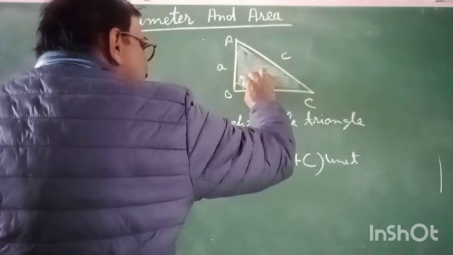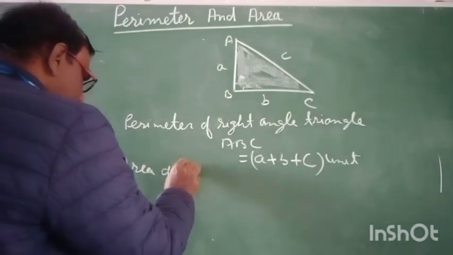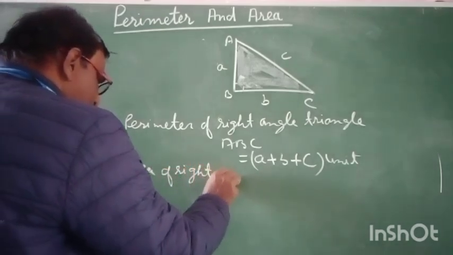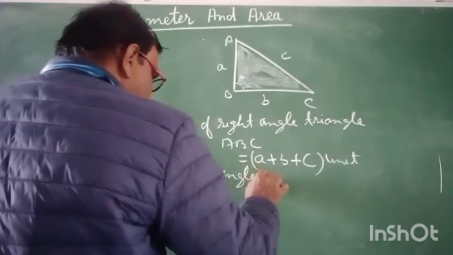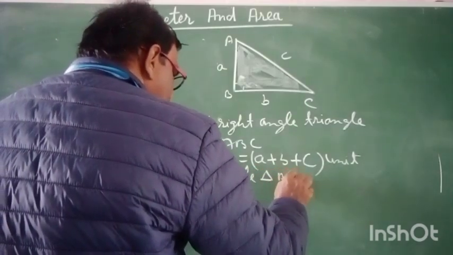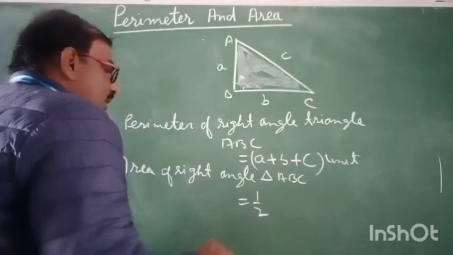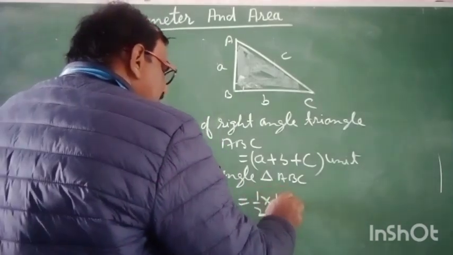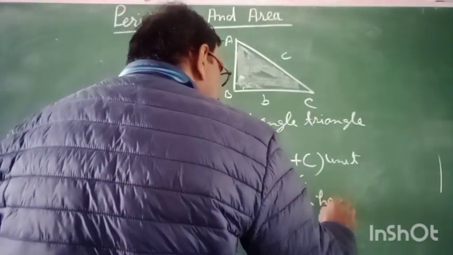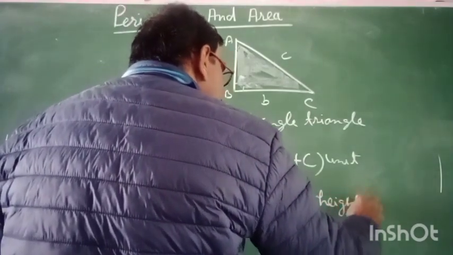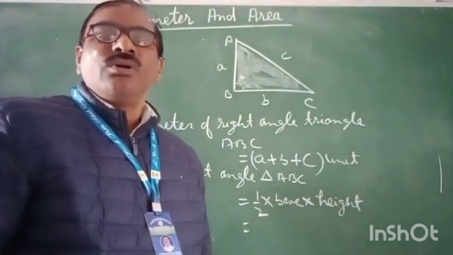So the area of right angle triangle ABC is 1 by 2 into base into height.